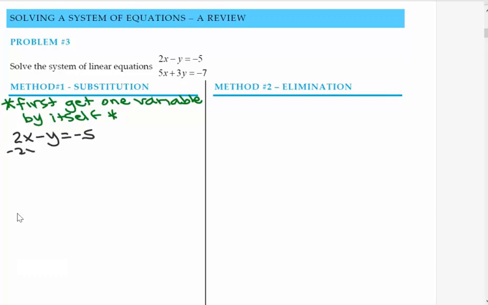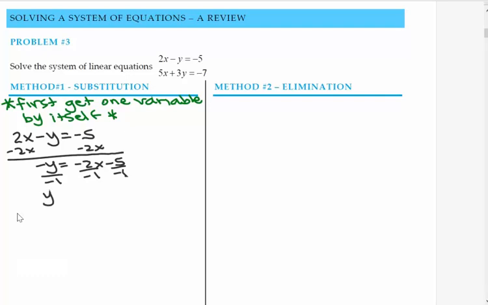So I'm going to subtract the 2x over. And then I'll have negative y equals negative 2x minus 5. And I'm writing it this way just so it's in that y equals mx plus b form that we talked about in Module 1. But y isn't all the way by itself yet. There's a negative there, so we still need to divide every single part by a negative 1.